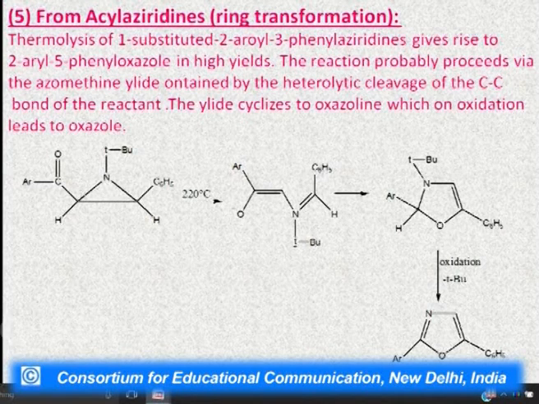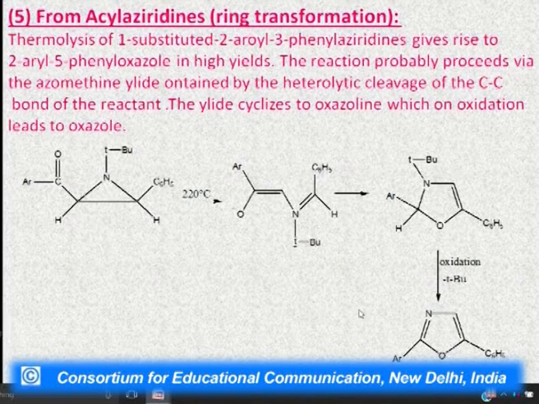These oxazoles can be prepared from acyl aziridines, which is a ring transformation reaction. Here you can see that a 3-membered ring is transforming into a 5-membered ring. Thermolysis of a 1-substituted 2-aryl-3-phenyl aziridine, this is the reactant of the molecule, will give rise to 2-aryl-5-phenyl oxazole in high yields.